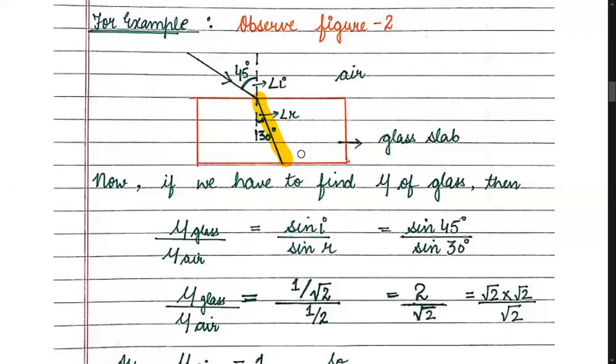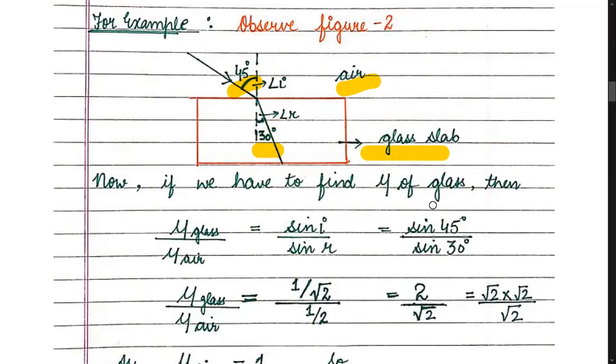Angle of incidence is given to be 45 degrees in the first medium, air, and angle of refraction is 30 degrees in the second medium, that is, the glass slab.